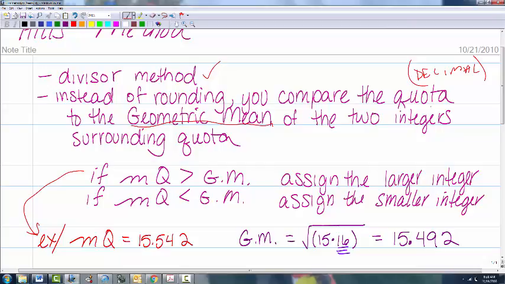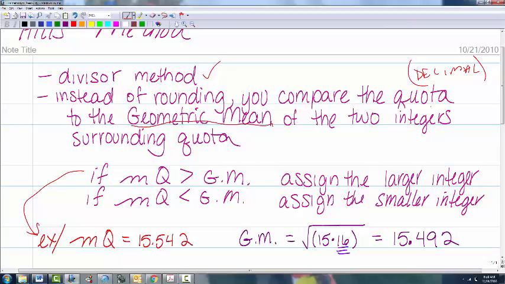15.5 is between 15 and 16. Find the geometric mean of 15 and 16, which is just the square root of 15 times 16. So take 15 times 16 and square root it, you get 15.492. Compare the two. Who's higher, the quota or the mean? When the quota is the biggest, you go to the larger integer.